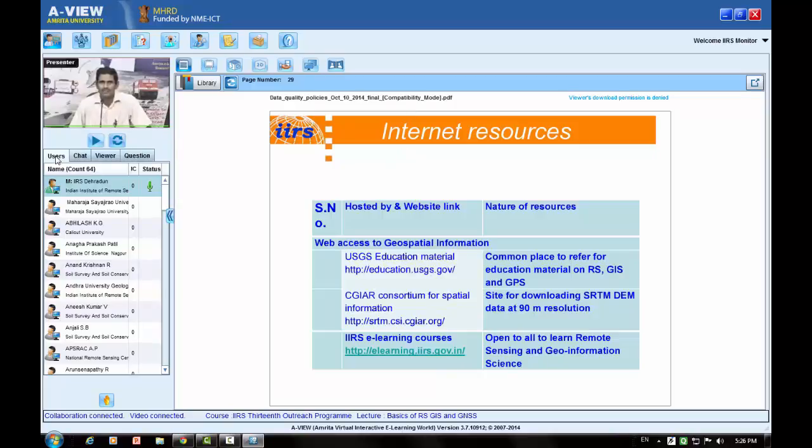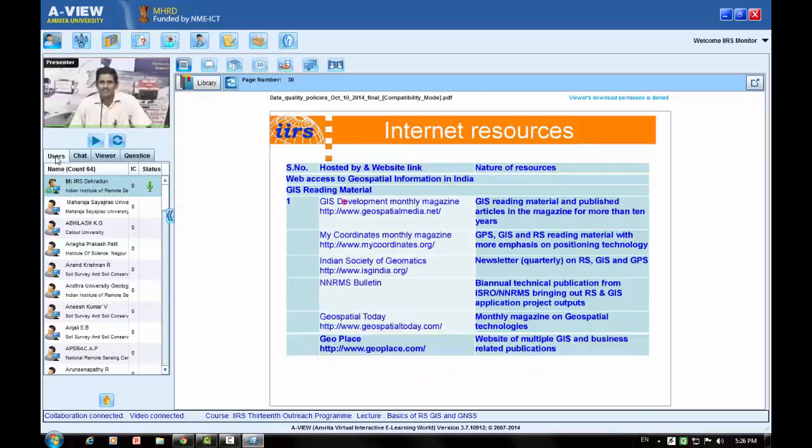These are some internet resources, and then there are other reading materials. Nowadays a lot of journal publications are happening. Another is newsletters, which bring out information about the latest developments. There is GIS Development monthly magazine, at geospatialmedia.net, where you get a lot of articles and different types of newsletters.